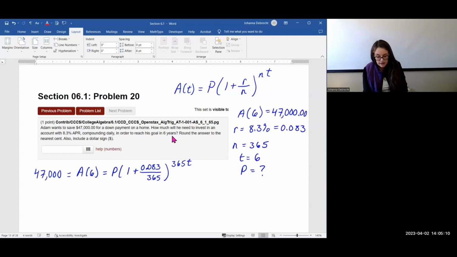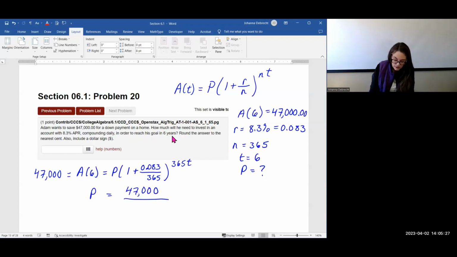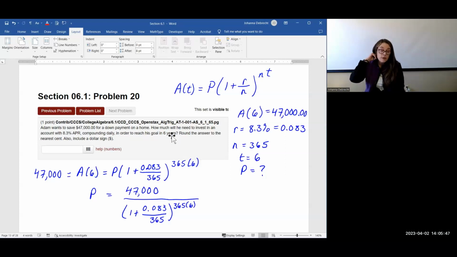Well, I need to work out at least the 1 plus r over n to the nt power, and then I can solve the rest of it for P. So what I actually am doing is dividing the 47,000 by that entire exponential expression. So I get 1 plus 0.083 divided by 365. And t, oh yeah, t was 6, so we should replace that with a 6. 365 times 6. And that will give me P. So this is just another way of writing the equation that solves it for P.